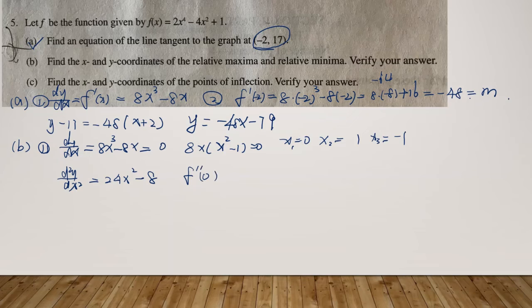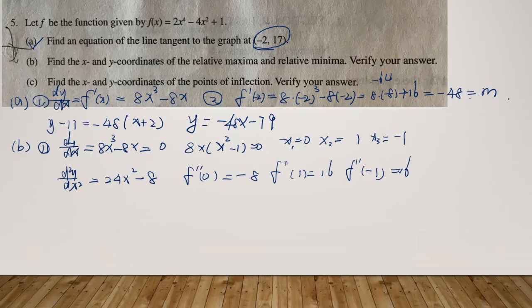The first one, f double prime of 0 equals 24 times 0 squared, so the first term is 0, and 0 minus 8 is -8. The second one is 1, so it's 24 minus 8, which is 16. The third one, -1, is still 24 minus 8, which is 16.